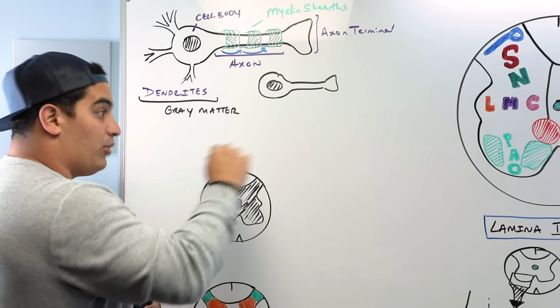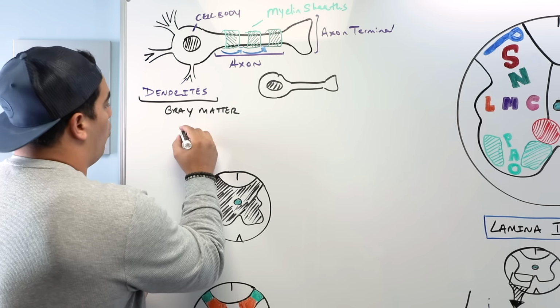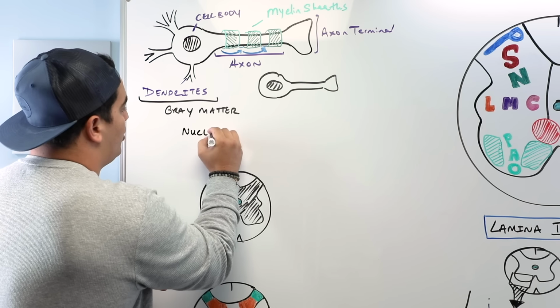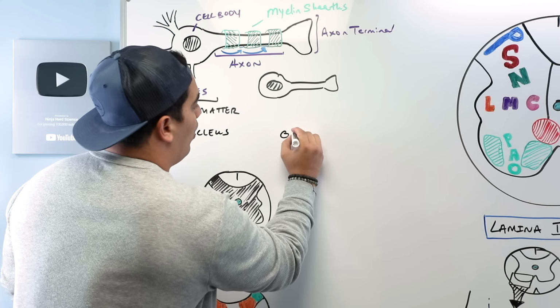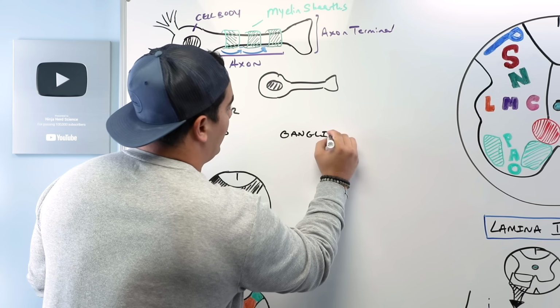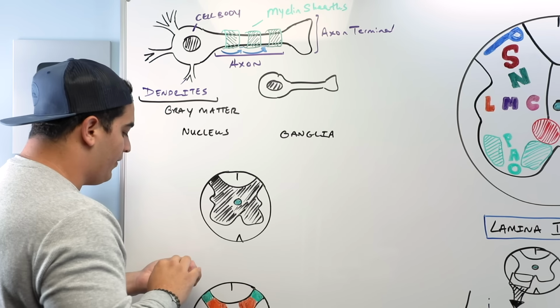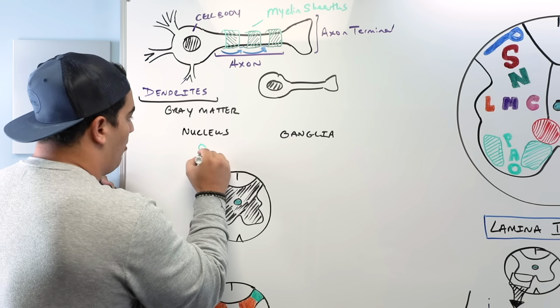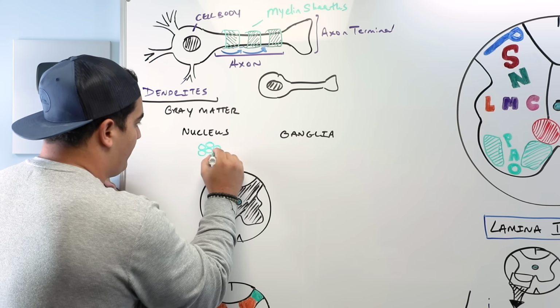Next thing we have to talk about, which I'll use a lot throughout the course of this video, is what in the heck is the term for a nucleus and what in the heck is the term for a ganglia. So let's imagine here we have a group of cell bodies. I'm just going to have a bunch of cell bodies here, okay?